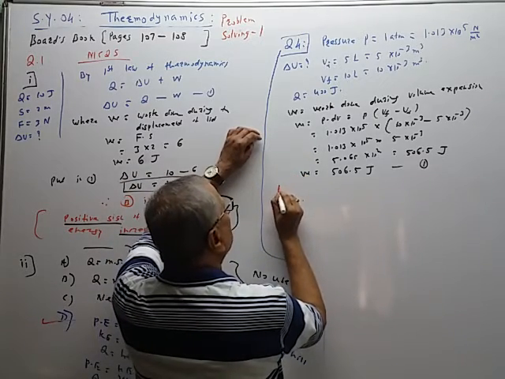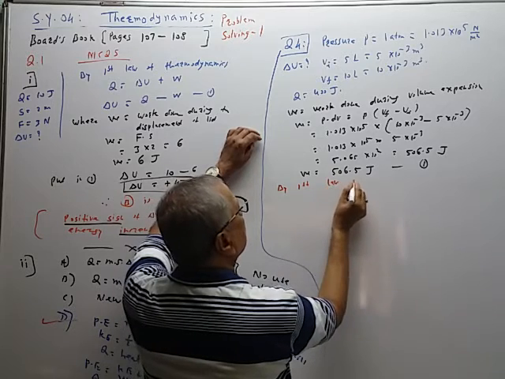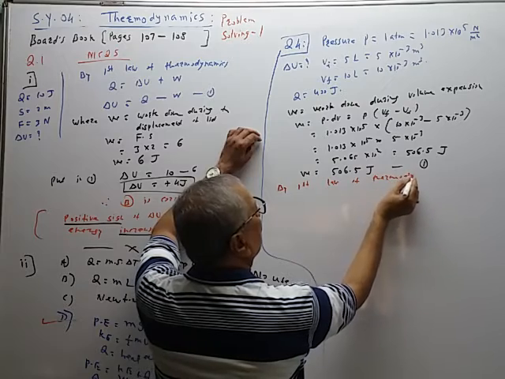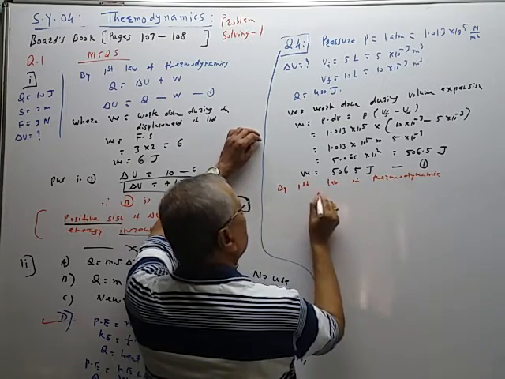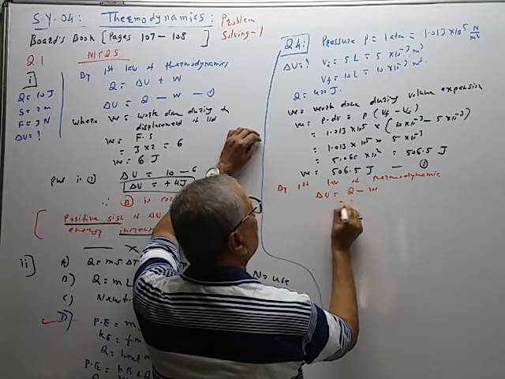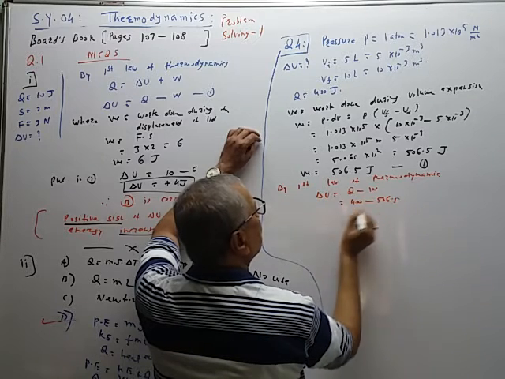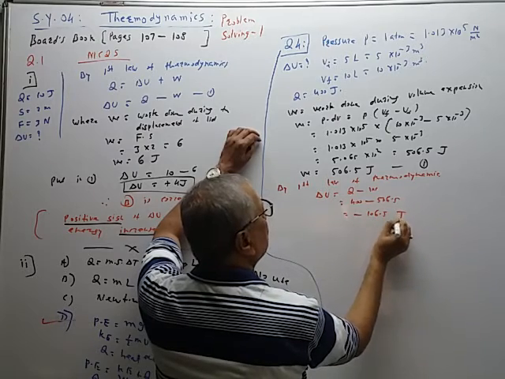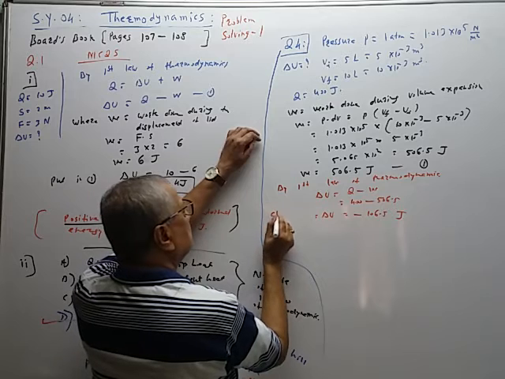Now, by first law of thermodynamics, delta U, the change in internal energy, is equal to Q minus W. So that is equal to 400 minus 506.5. So that is equal to minus 106.5 joules. This is the change in internal energy.